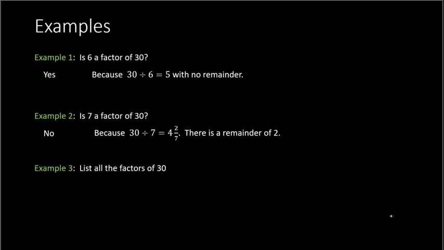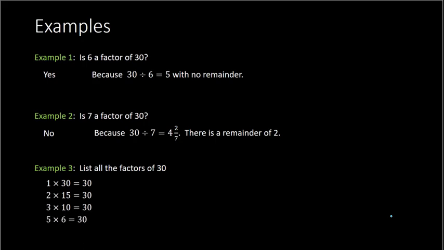Now if I were to tell you to find all the factors of 30, so we know 6 is a factor, and in the last slide we had 5 was a factor. Now what if I said list all the factors of 30? Well, to do this, we need to determine what numbers would multiply together to get 30. So the first thing we have would be 1 times 30. That would equal 30. I could also do 2 times 15. I could also do 3 times 10.